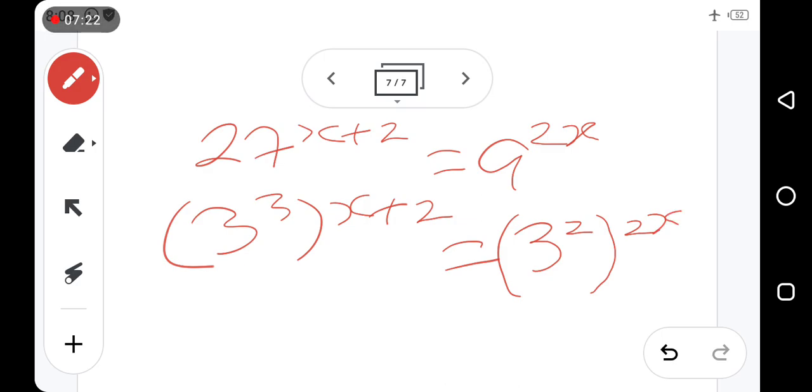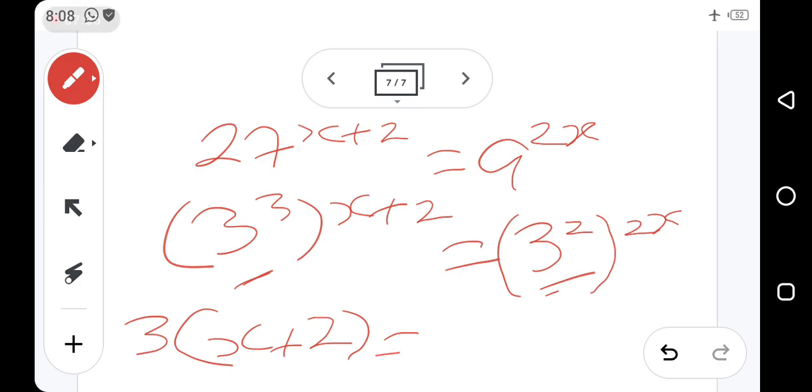So remember, the indices are multiplying each other. So in this case now, you can even do away with this 3. You can do away with this 3, meaning that you just bring this down. Meaning that you have 3 bracket open x plus 2, which is equal to 2 into 2x, if you want to do it that way.